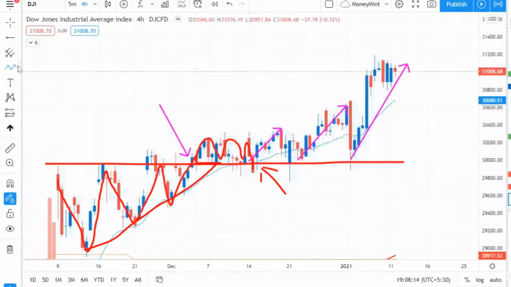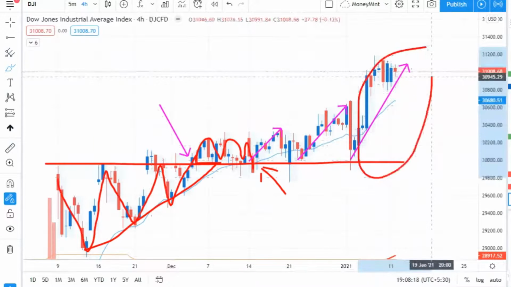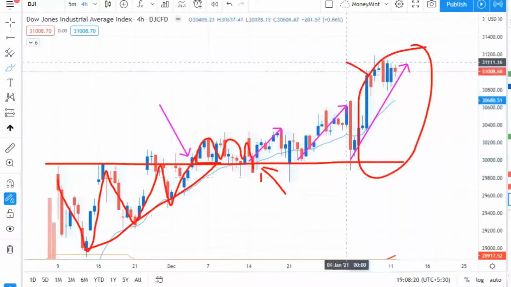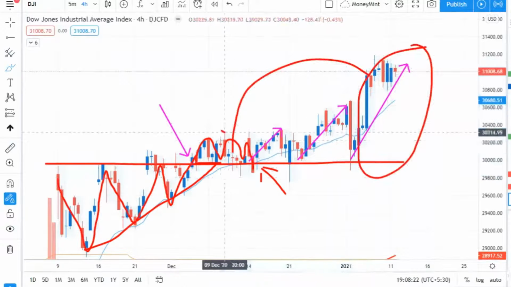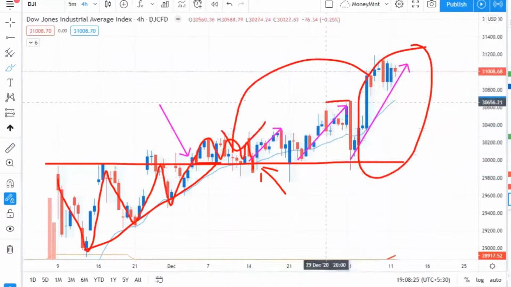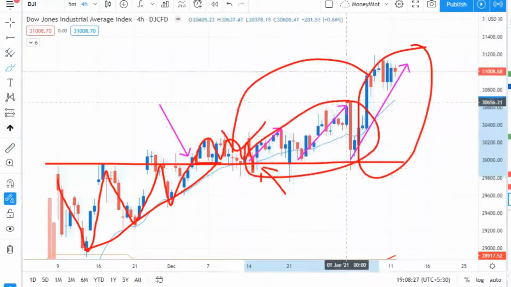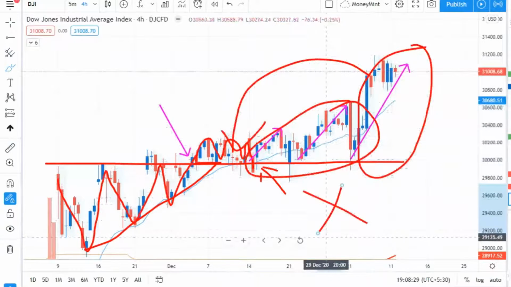What I'm suggesting is that the momentum which came here came late. It should have come right over here. So somehow this is a redundant price action. This should not have happened.